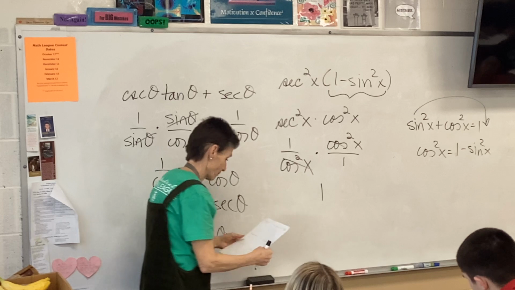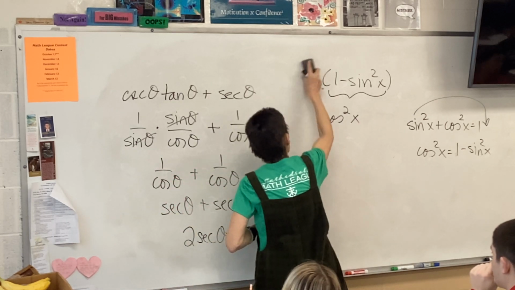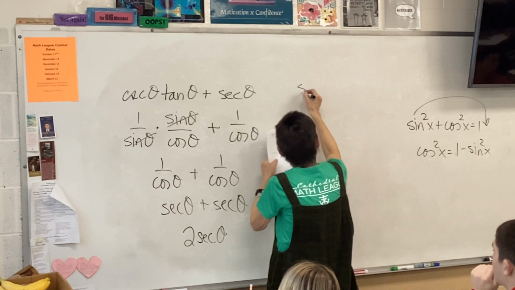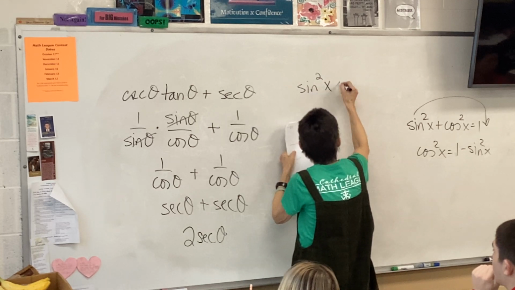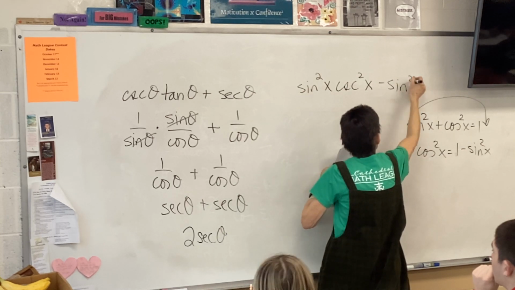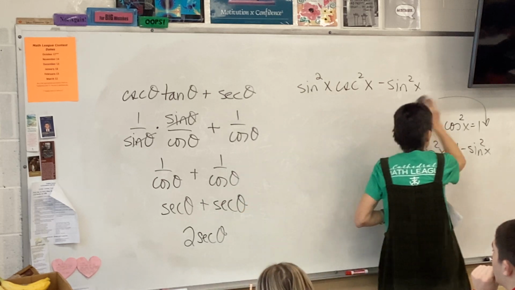Okay. Take a second and see if you have a thought about the next one. Think about all the different ways that we have started problems. You have lots of options with this problem.